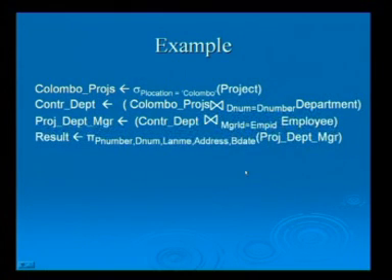In doing that, we perform the selection operation on project, where the condition is sigma project location equals Colombo, and we get Colombo projects, and then we want to see the controlling departments.